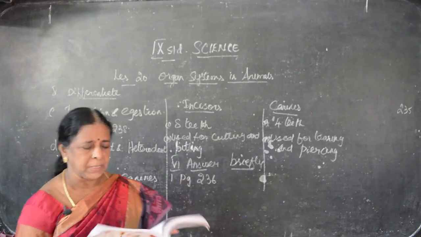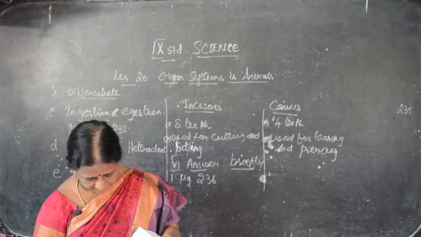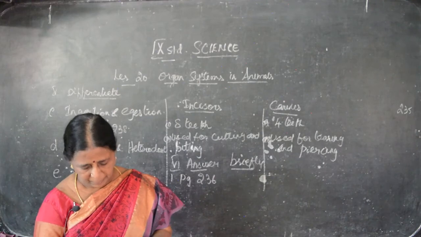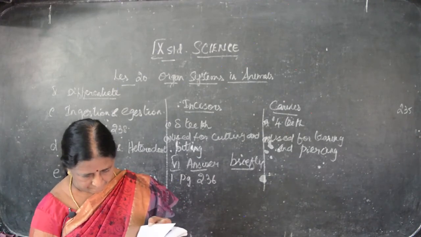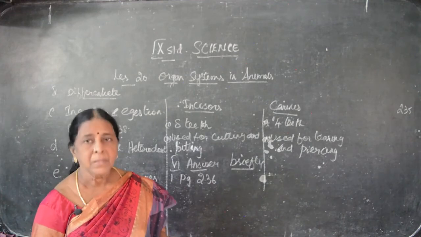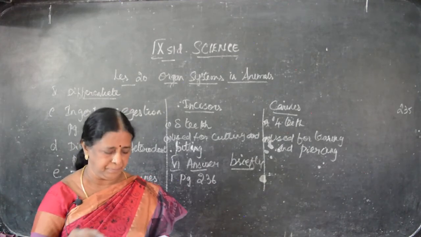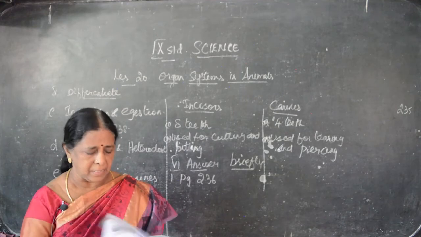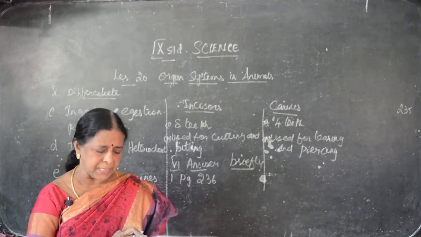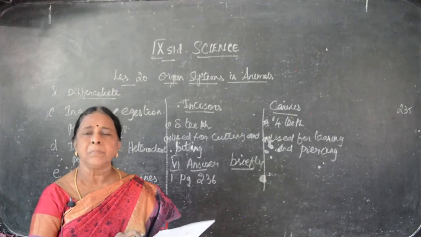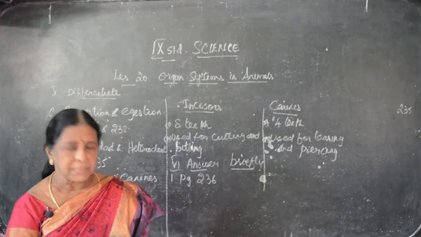Take page number 236 first. Ready? The last line. Then opposite side, last line. That is under the heading of small intestine, duodenum, jejunum, ileum.